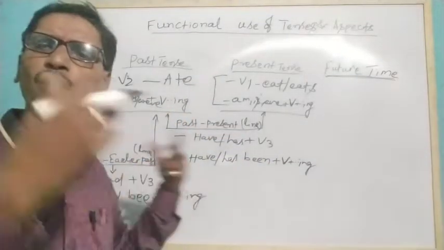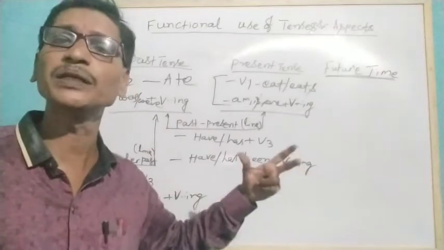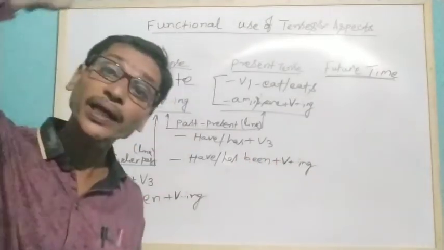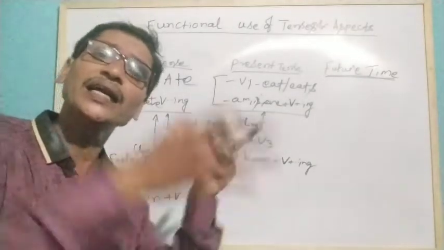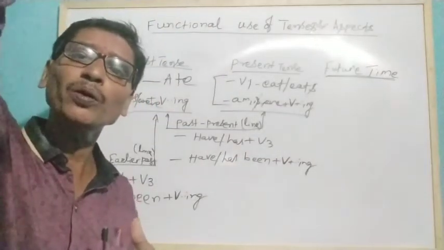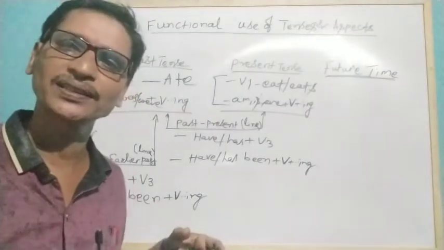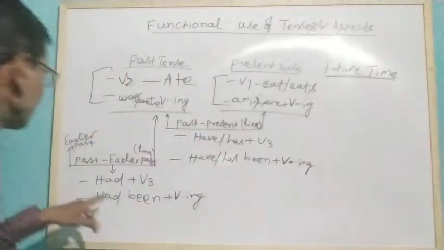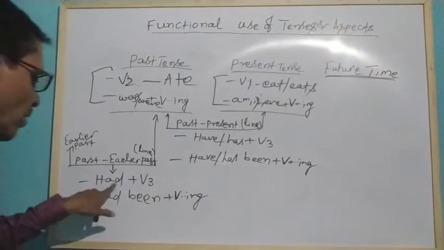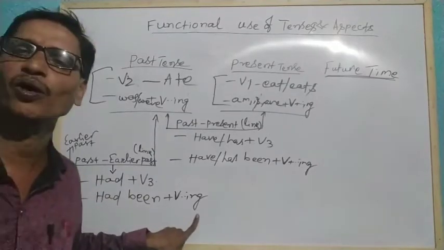When we want to talk about the link between past and earlier past, that means, as I have told you, yesterday is past and the day before yesterday or three days back is earlier past, we use had plus verb third form and had been plus ing form.